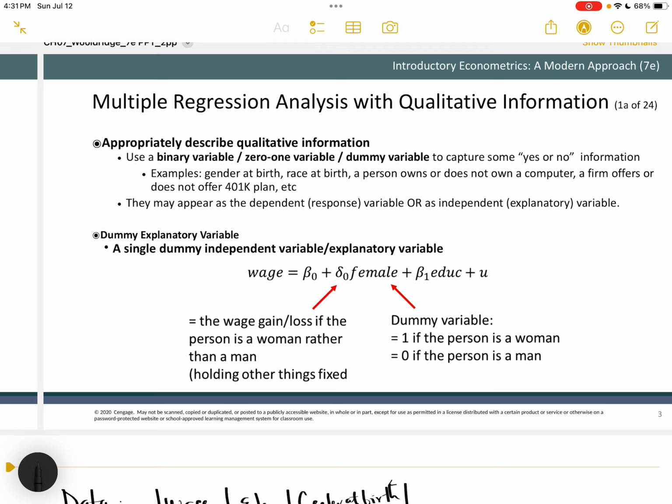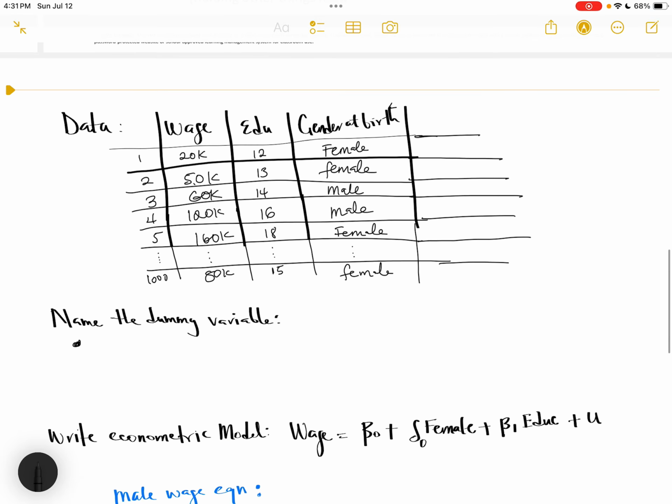Dummy variables can appear as the explanatory variable or the response variable. So if you had the qualitative data, gender at birth, and you were trying to get a dummy variable which was more quantitative, so that one category is 0 whilst the other takes a 1, and you name it gender, it's hard to remember which category, either male or female, took the 1 and which one took the 0.